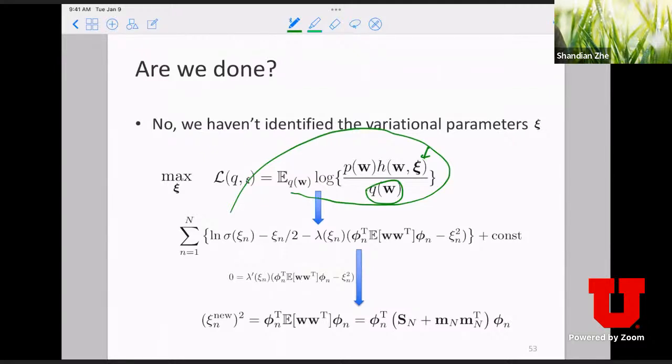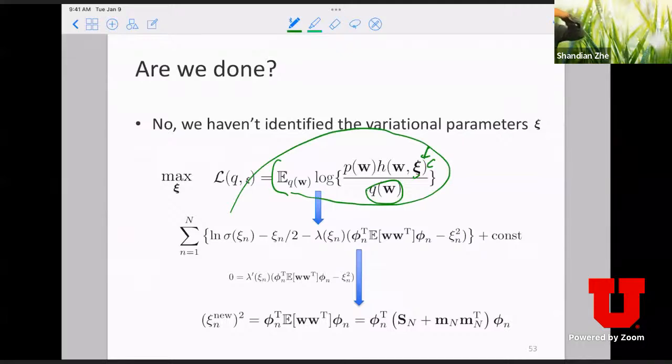And then we fix Q of W, we maximize this expected log fraction with respect to C to ensure that my lower bound is getting closer and closer to the true joint distribution. That's the idea. So now you can see this is like alternating again.